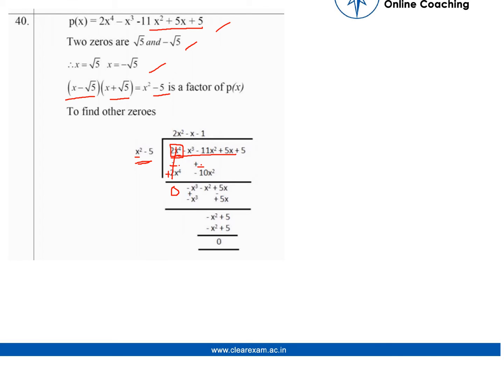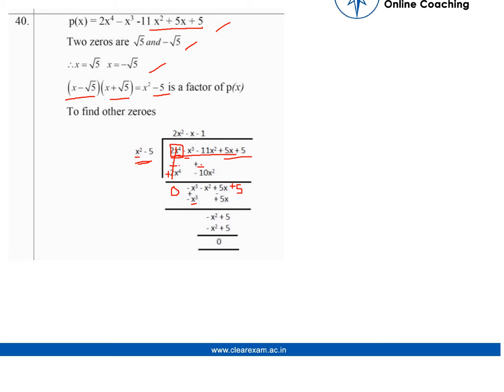For this, −11x² plus 10x² is −x². And we take the remaining terms of the polynomial as they are: −x³ + 5x + 5. For the next, we take −x.